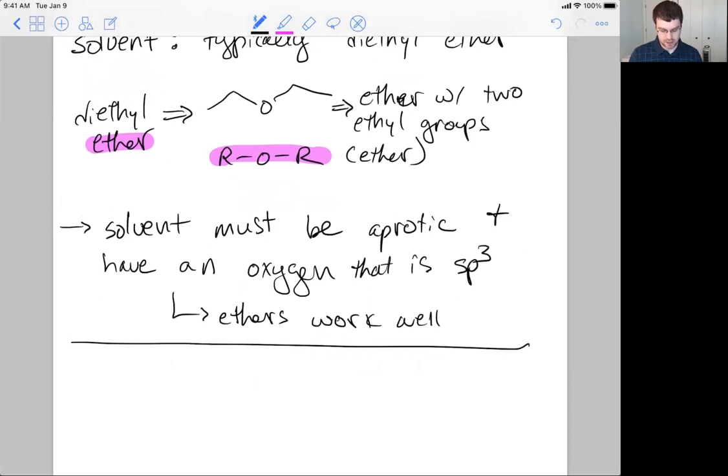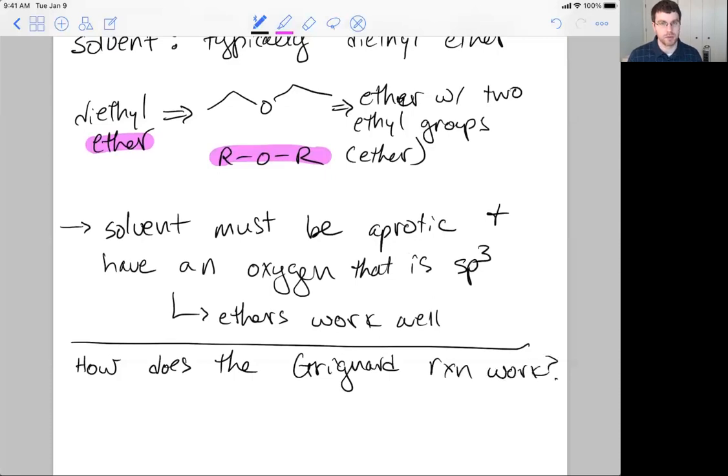So the first thing to recognize is we need to learn some additional chemistry before we can see how this reaction works. So how does the Grignard reaction work? If we know how it works, we can predict products, propose mechanisms, and that sort of thing. And what we need to notice is how it starts.